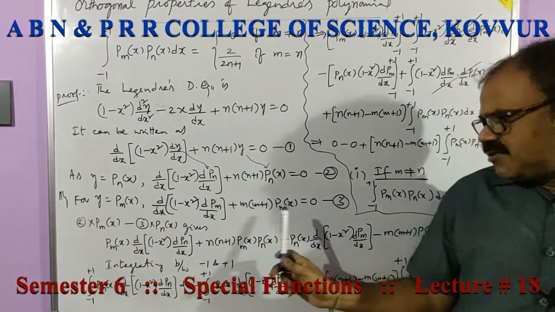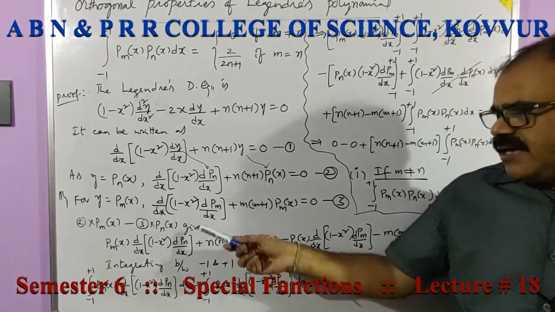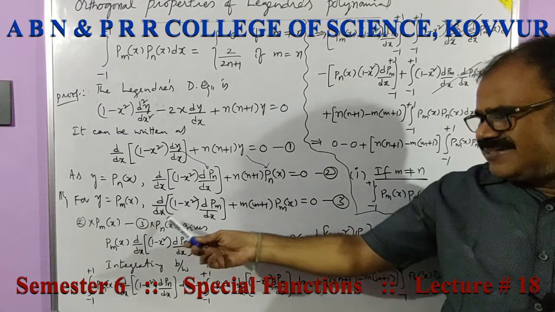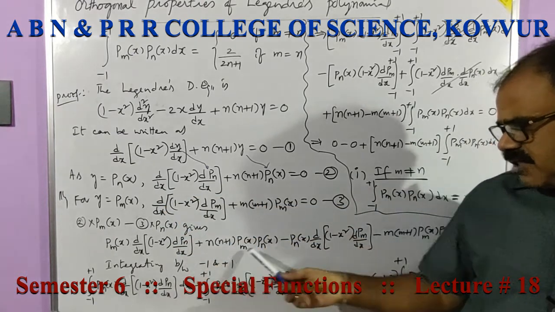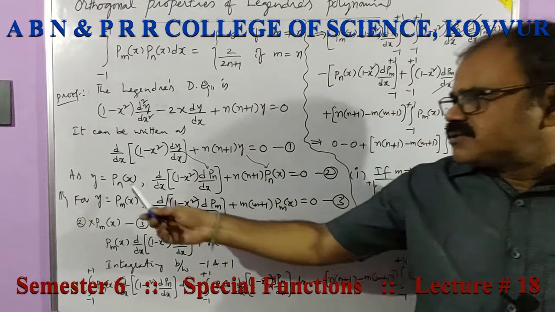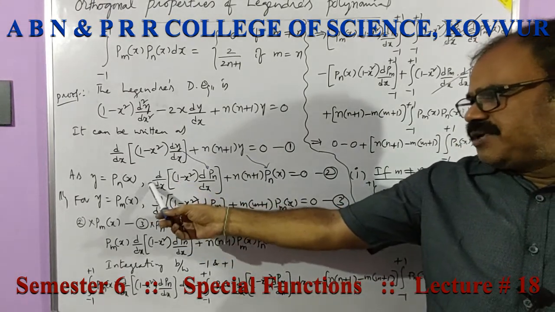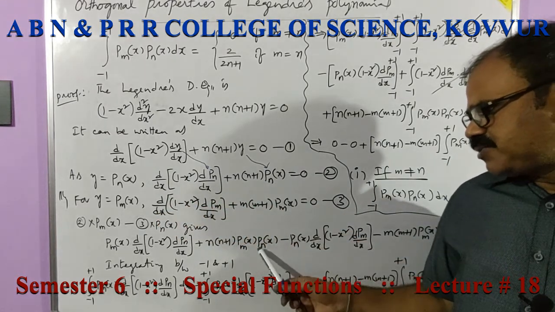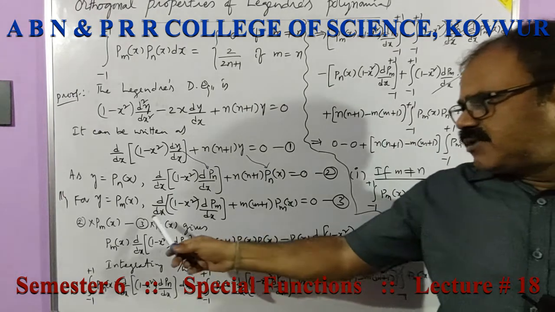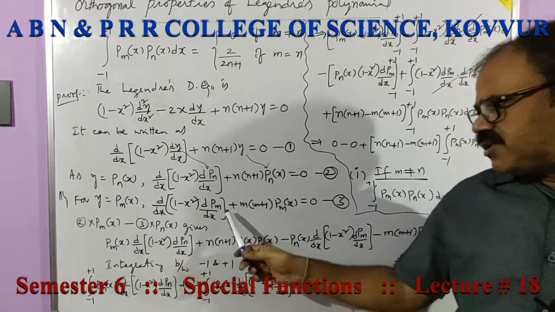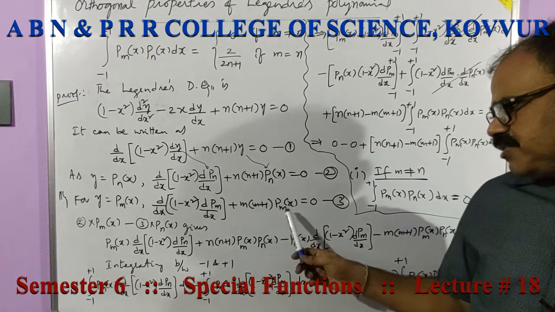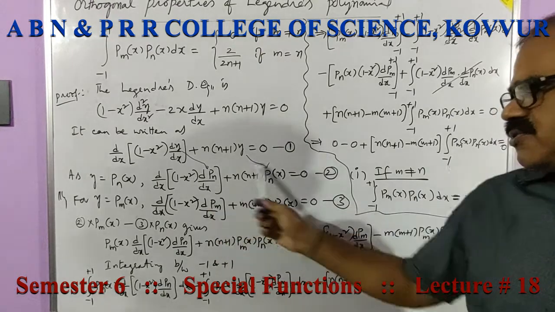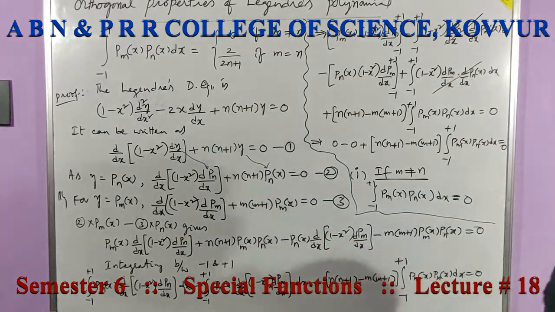Multiply equation 2 with Pm(x), equation 3 with Pn(x), and equation 2 into Pm(x) minus equation 3 into Pn(x) becomes like this: Pm(x) into all this, n(n plus 1) Pm(x) Pn(x), minus Pn(x) into this one plus m(m plus 1) Pm(x) Pn(x) is equal to 0. So, minus this one, minus we have this.